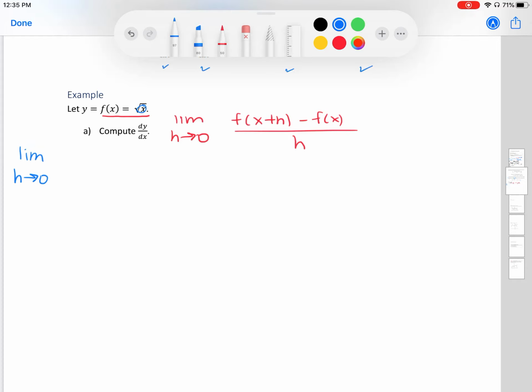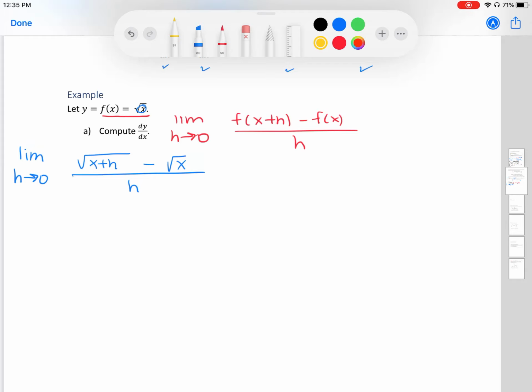So for x, we're going to write x plus h. The square root of x plus h minus our function, which is just the square root of x, divided by h. So if you were to do this on a quiz or a test, right here, that's already half credit. Well, maybe not half credit, but close to. Now from here on out, it's a matter of working it out.